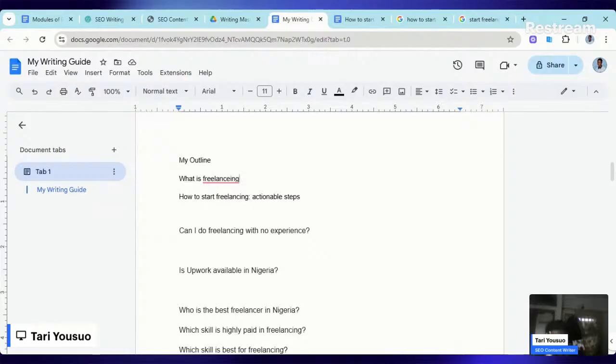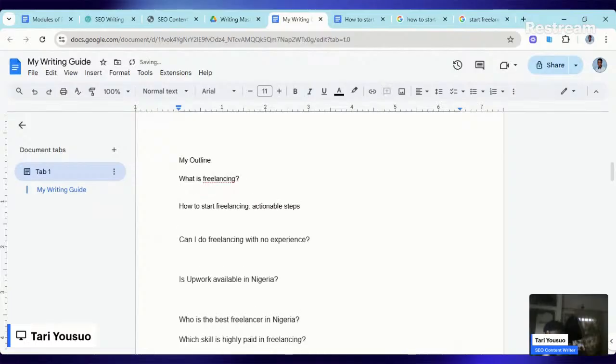So first of all, talk about what is freelancing, because from the searches I noticed that people are talking about how to make money online, which website pays, what to sell. So it's not everyone who searches with this keyword that is clear about what freelancing actually is.